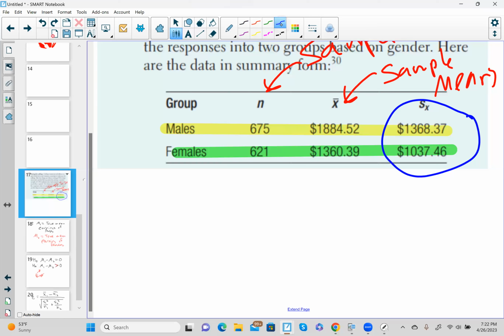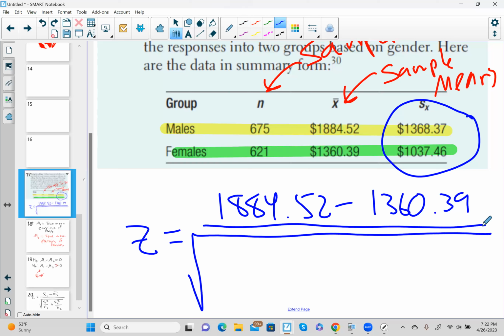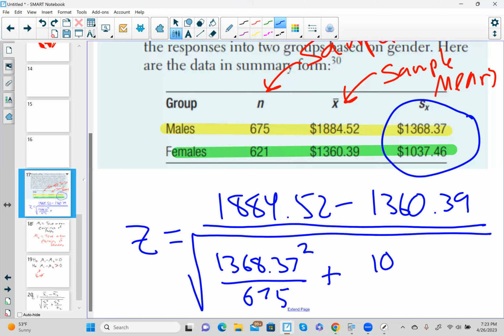So let's see, we're going to have z equals 1884.52 minus 1360.39 over the square root of the first standard deviation, so 1368.37 squared over the first sample size, plus the second standard deviation, 10037.46 squared over the second sample size.